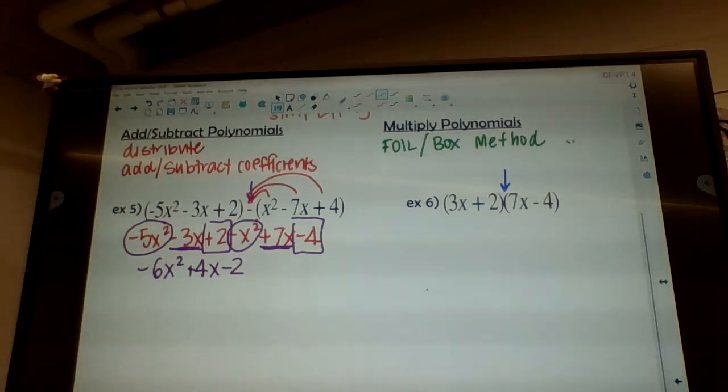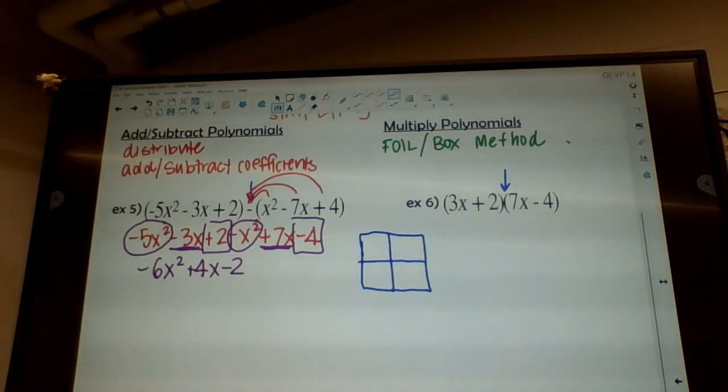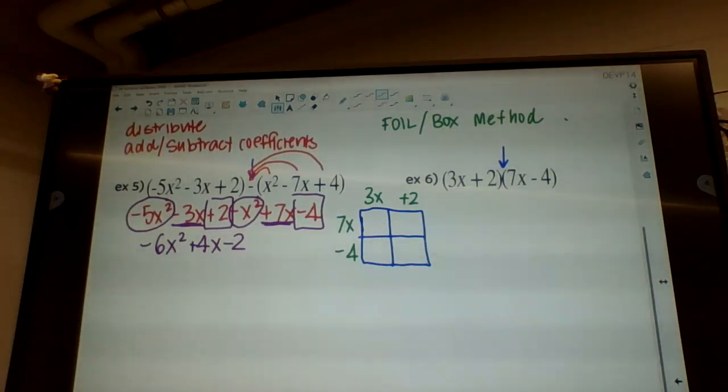And I'll do both because I know that some of you like one way and others do the other. So I'll do my 3x plus 2 up here, 7x minus 4. You do not need to know how to do this both ways. You can do it one way or the other.